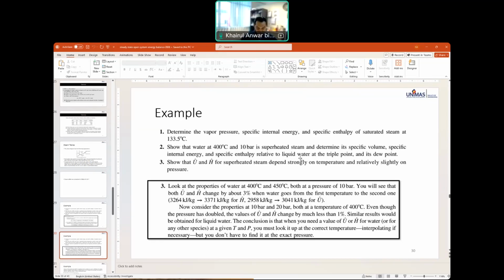You see the enthalpy changes by only 1%. So meaning it strongly depends on temperature rather than pressure.